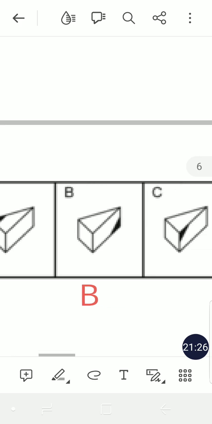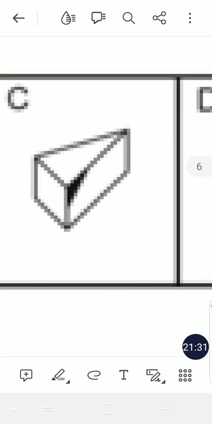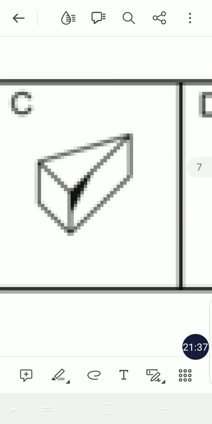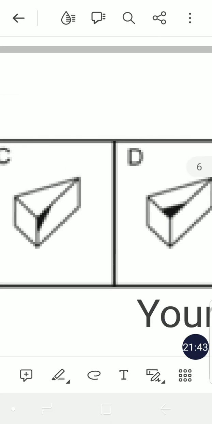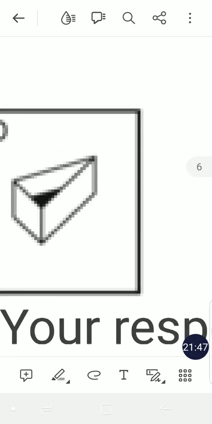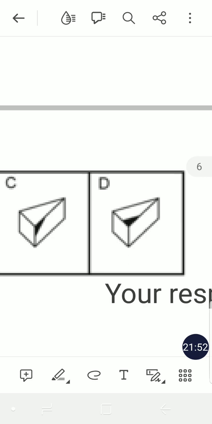Now choice C is wrong as well, because it's at the pointed tip part. The shaded triangle is at the pointed tip part for C, and D is wrong as well. The location of the shaded small triangle is wrong.